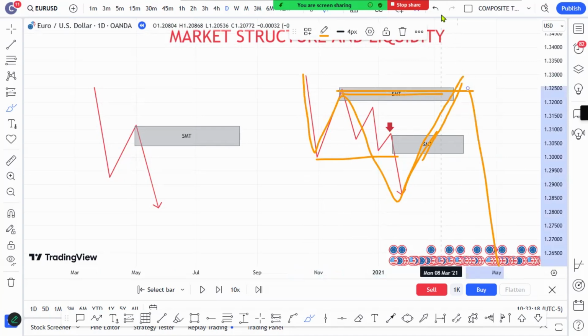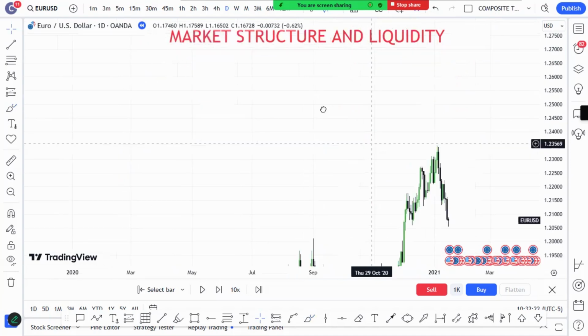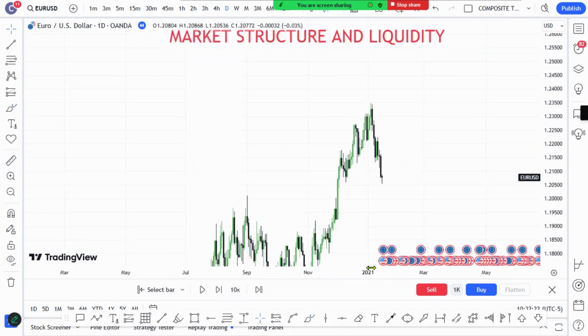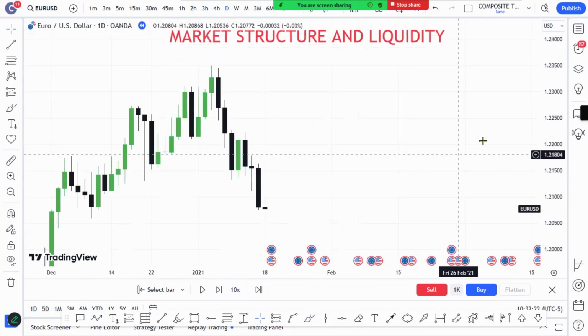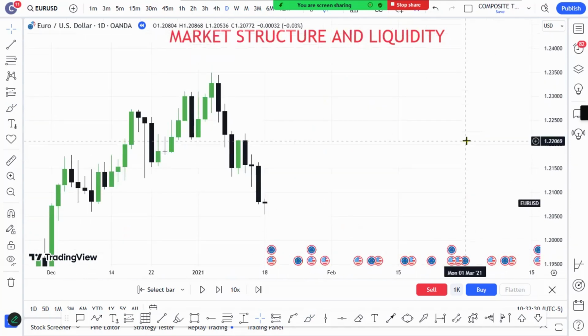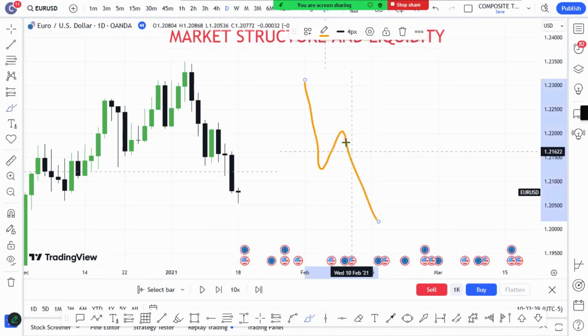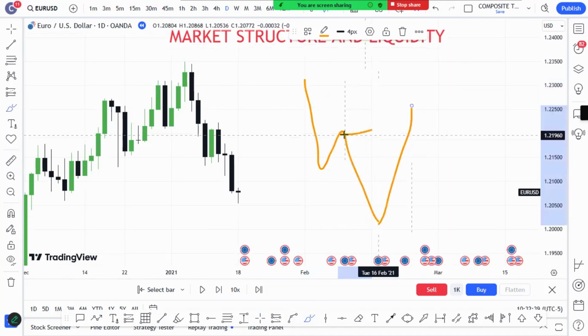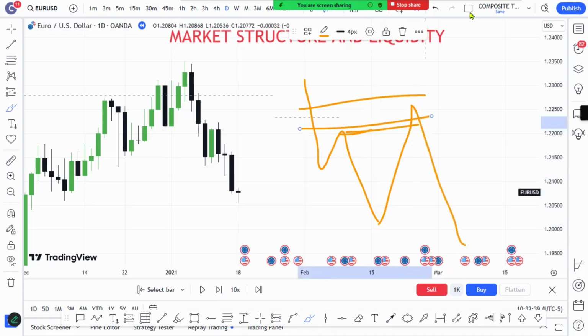So let's go to the market structure and do something here. When you look at this market structure, what we are seeing is that we don't have a pullback here. If the market wants to go to the downside, we want to see it give us a pullback, then go past that level, and we look for a short position above the level.